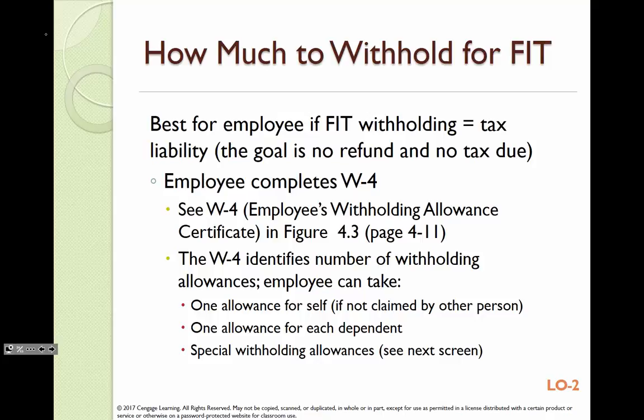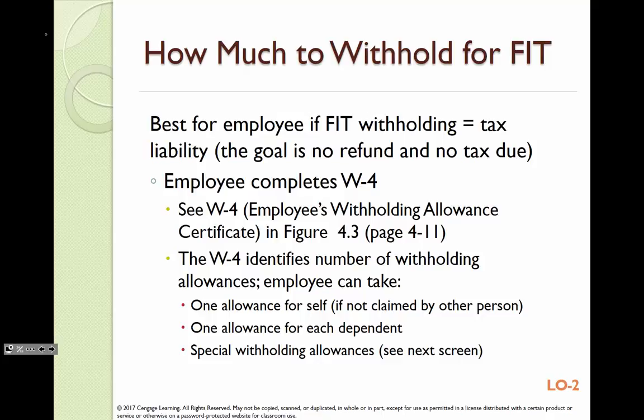So, what's a W-4? A W-4 is what you fill out when you walk in the door for a new job. Then at the end of the year, I issue you a what? A W-2.